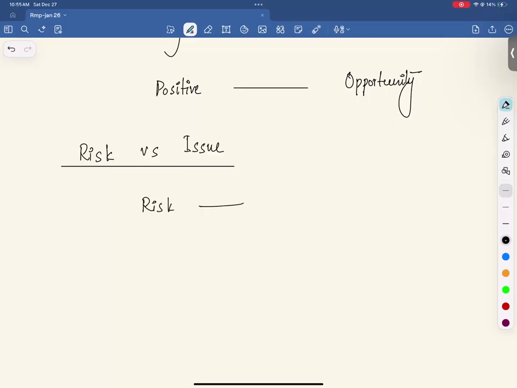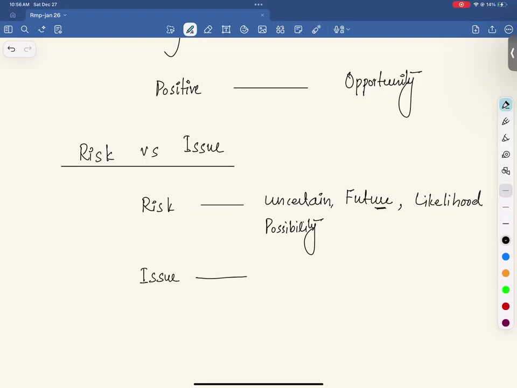Risk is something uncertain, something which has the potential to occur, which may or may not occur in the future. There is a likelihood, a chance, a possibility. This is called risk. On the other hand, an issue is something which is past, something which has already happened.